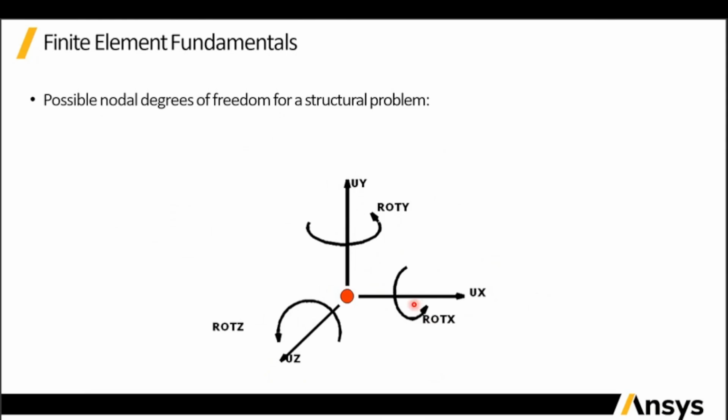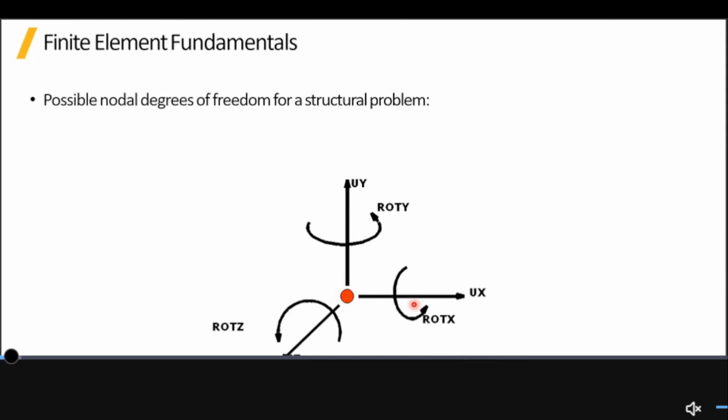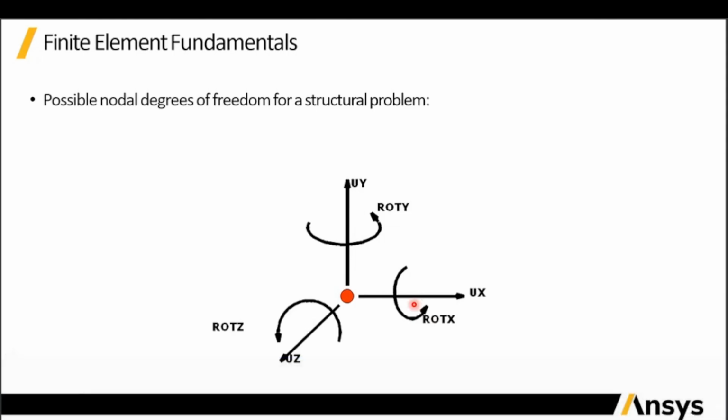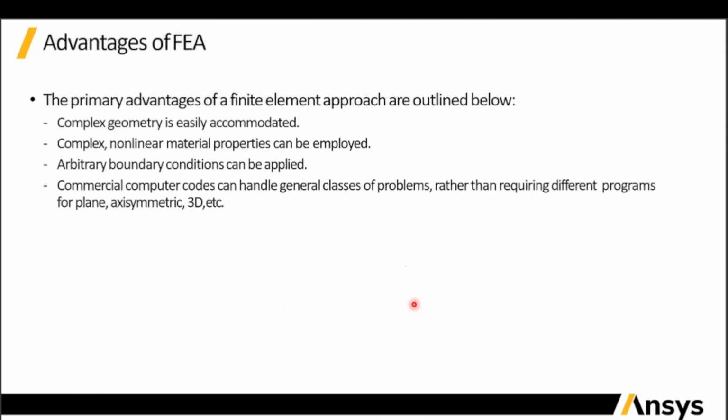This is called the degrees of freedom, and this is how it is related to the number of nodes. Before solving any problem, you should be aware of the degrees of freedom of your structure. Fine, so these were the basics of FEA.